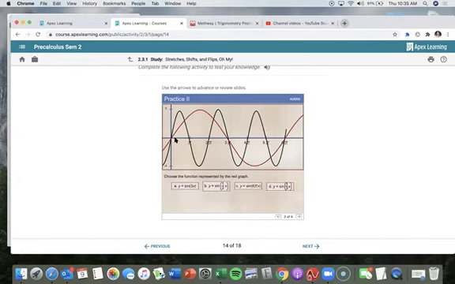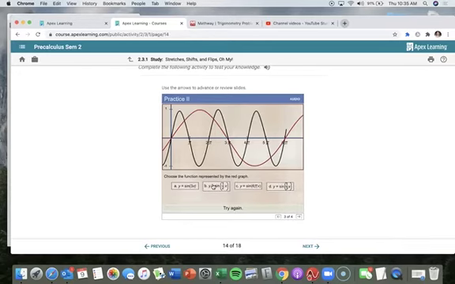Our graph has been stretched, so we're dealing with something between the values of 0 and 1. So we're going to multiply by either our 1/3 or our 1/2. So we're looking at these two here.